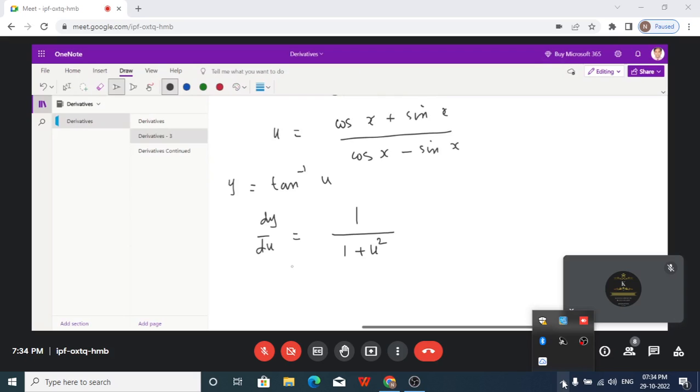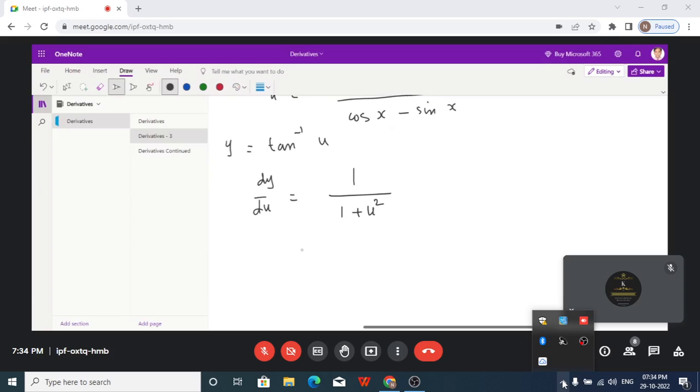So let us do 1 by 1 plus u square, like the same thing we did in the last problem. Start with simple steps. Just do 1 plus u square.